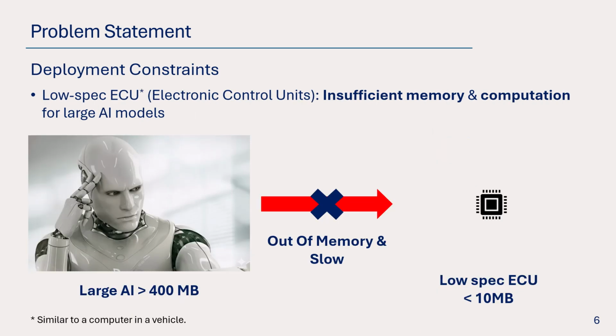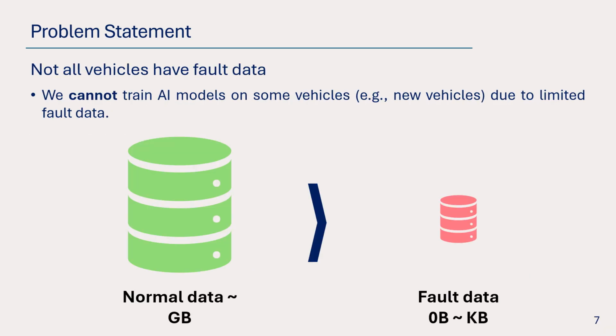Additionally, existing AI models, due to their size exceeding 400 megabytes, could not be deployed on ECUs smaller than 10 megabytes. The final challenge is data imbalance. Fault data is generally difficult to collect or nearly non-existent, leading to the data imbalance problem.